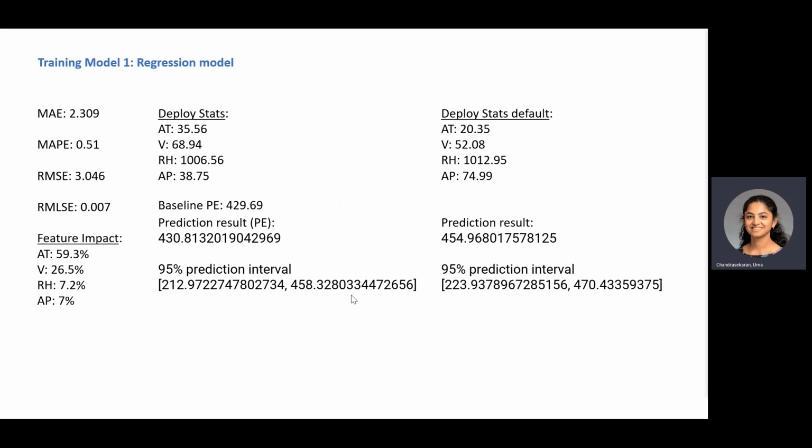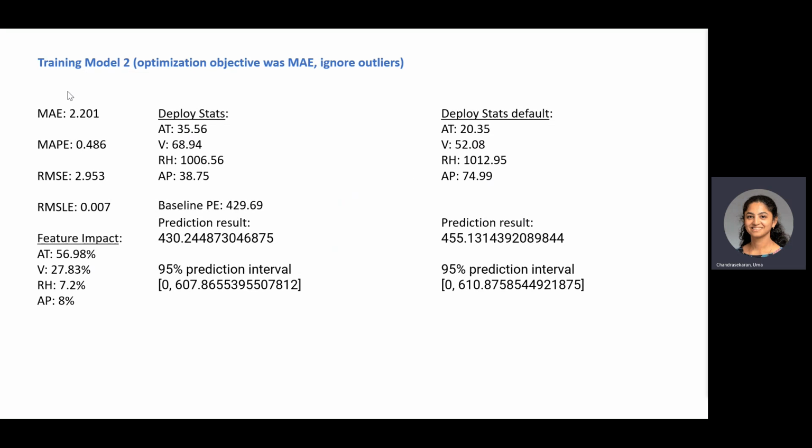So this was good. The next time, I chose the same data set, but rather than using the default root mean square error as the training optimization objective, I chose MAE. As we all are aware, MAE typically ignores outliers, and it's much better for close-knit data.